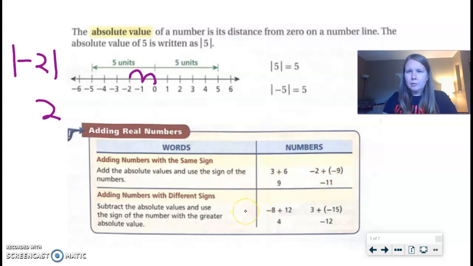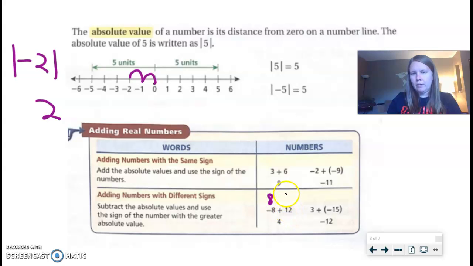The challenging part is when they have different signs. So adding numbers with different signs says subtract the absolute values and use the sign of the number with the greater absolute value. In this one, you take the absolute value of both. The absolute value of negative 8 is 8.